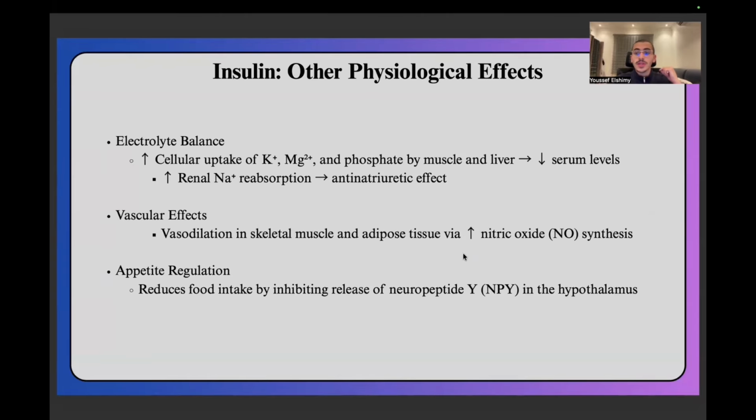Okay, and also it has a function on appetite regulation. So insulin inhibits the release of neuropeptide Y in the hypothalamus, and this would stimulate fullness, or would reduce appetite for people.